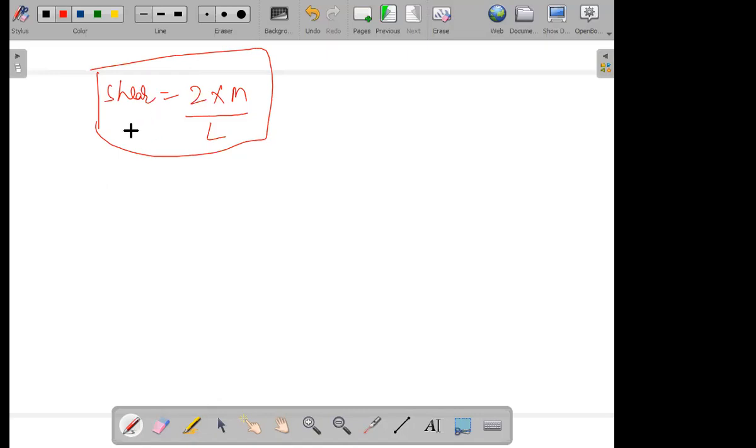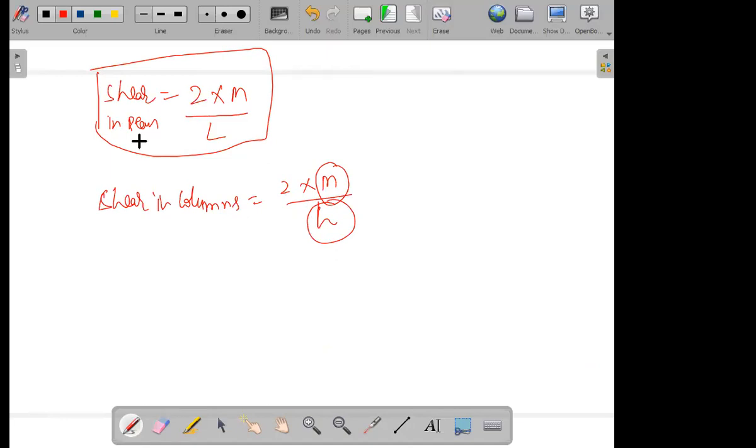So this is the shear in beams formula, and the shear in columns formula is 2 into moment divided by h. Here h is the height of the story and m is the moment in that column. So you can easily calculate the shear in that column, right?